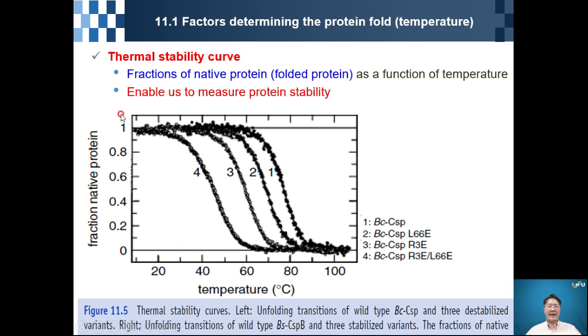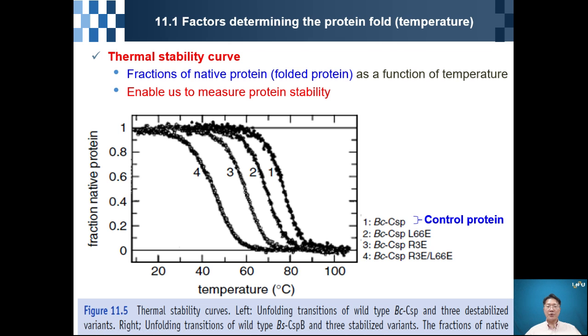On the y-axis, number 1 means that all of the protein exists as the folded structure, and number 0 means that all of the protein exists as a denatured or unfolded structure. The thermal stability curve enables us to measure protein stability. Let me show you one example. Number 1 is the control protein.